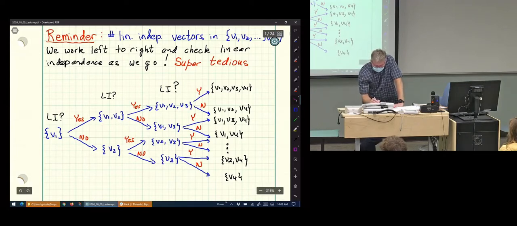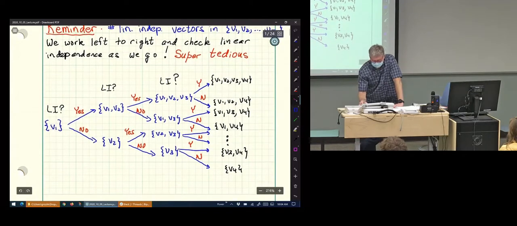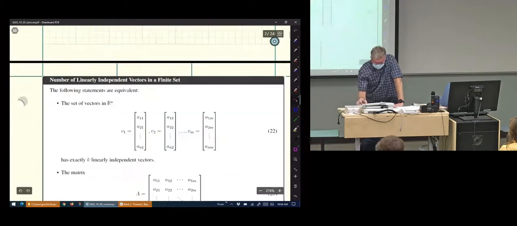If this was no, then V2 was dependent on V1, and you look at V1, V3, etc. Okay, so you can go through all of these. You can work left to right. You could write a for loop to go through and do all this, but certainly by hand, it's super tedious, and doing it with a for loop on a computer is pretty tedious as well.